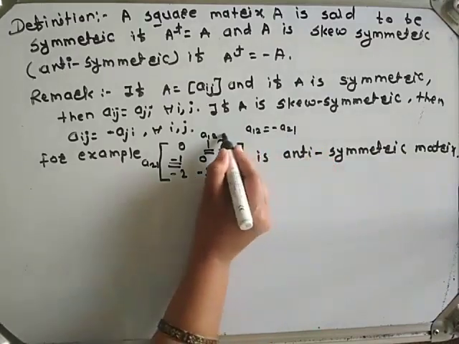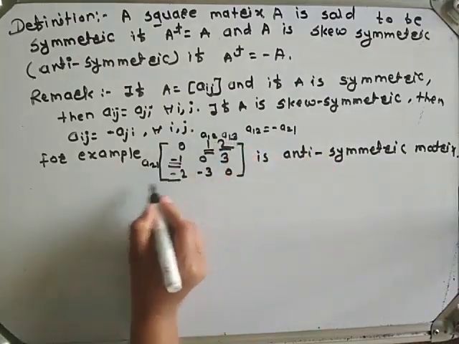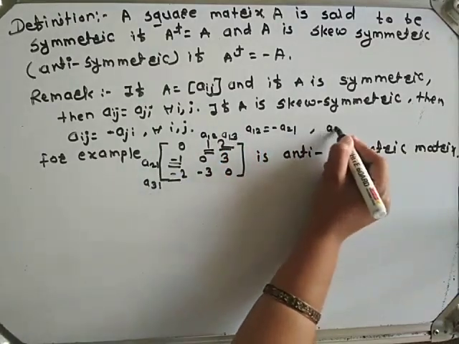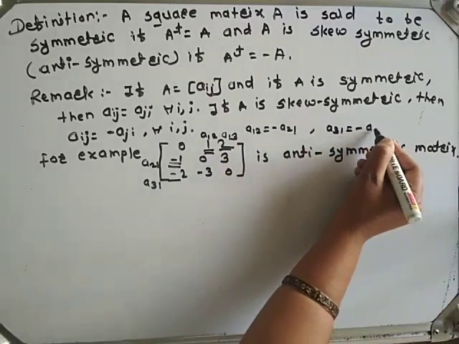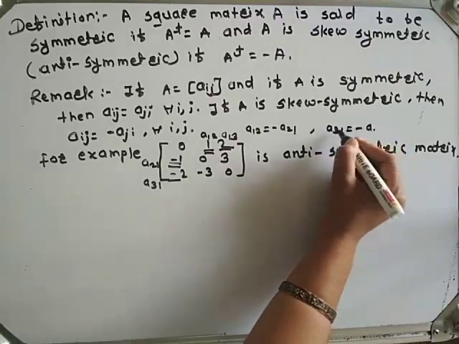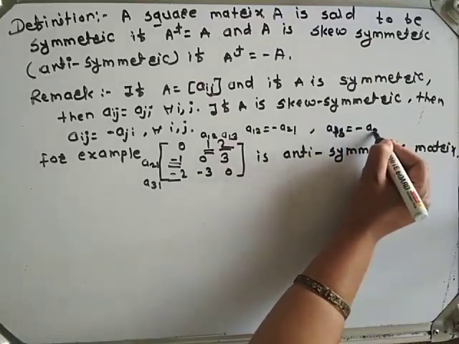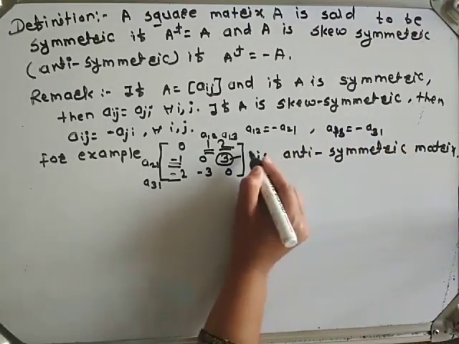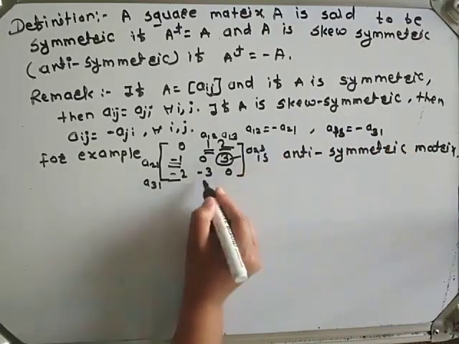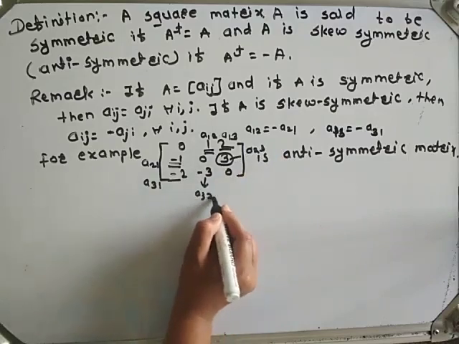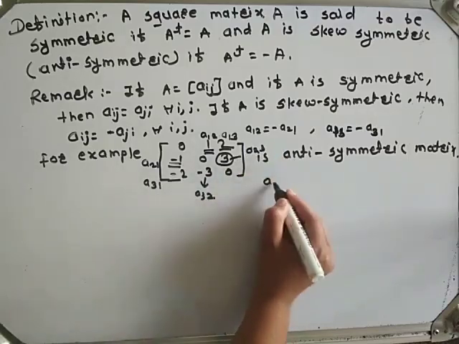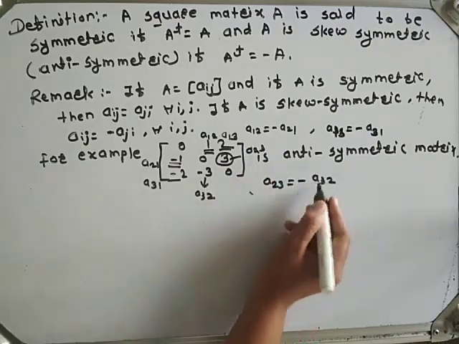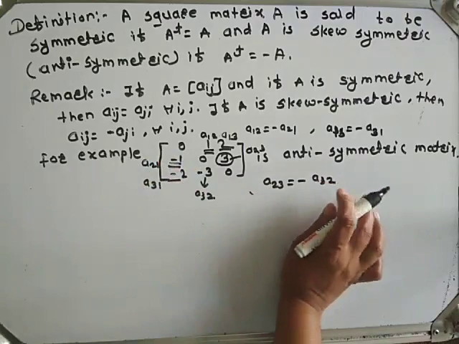Similarly, this entry is A13, this is A31, therefore we get A13 is equal to minus A31. Similarly, this entry is A23 and this is A32, and A23 is equal to minus A32. Therefore, it is an antisymmetric matrix.